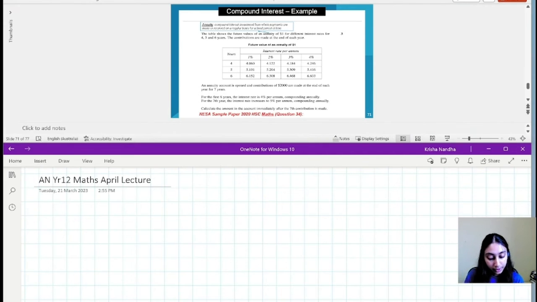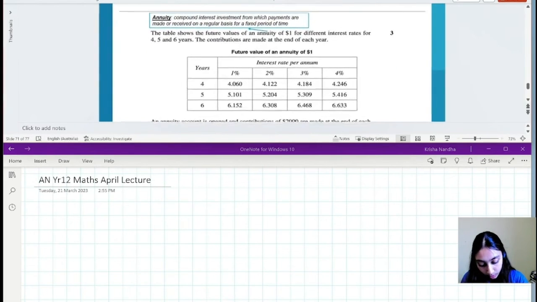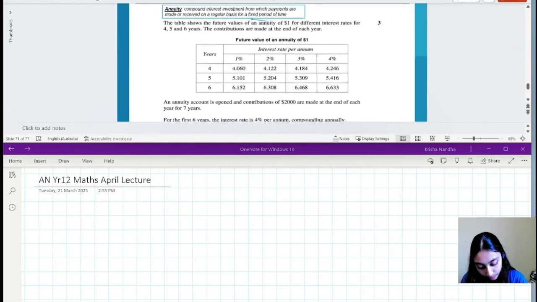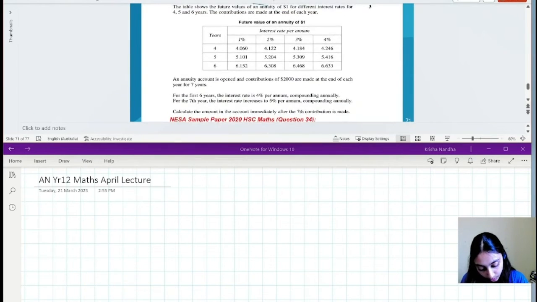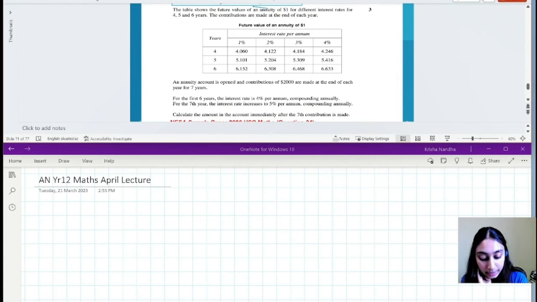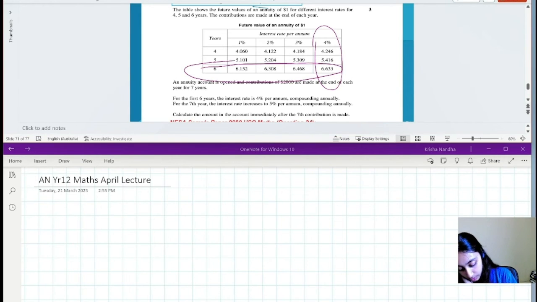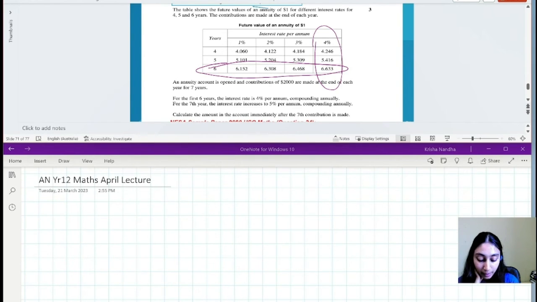So firstly, I'm going to take a look at the table for the first part of the question. For the first 6 years, the interest rate is 4% per annum. I'm not sure if you guys have used annuity tables before. I think it was touched on in like year 10. I don't know if you guys have done financial maths yet, but basically annuity tables are really nice.